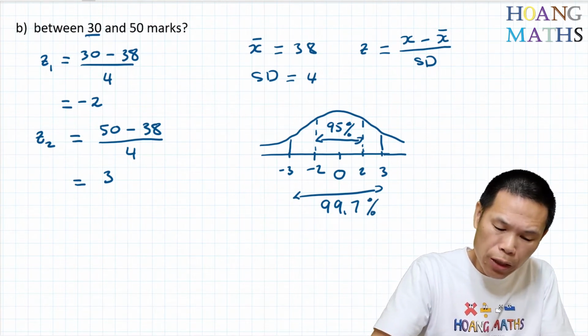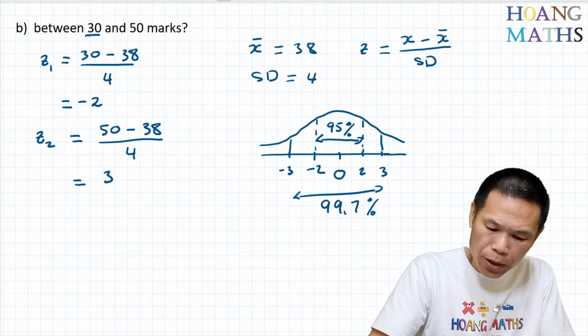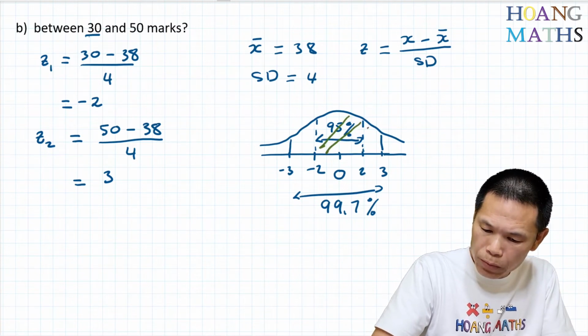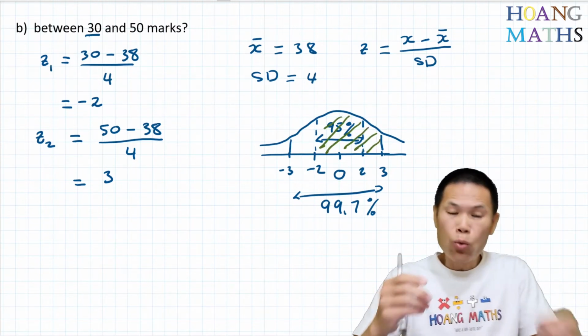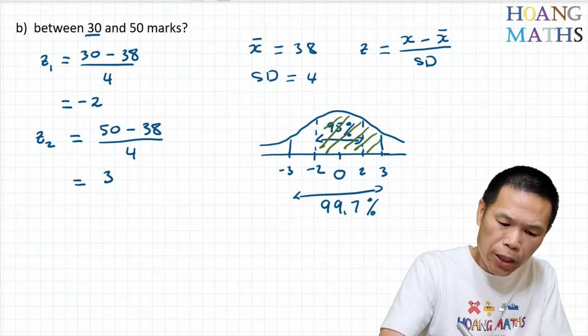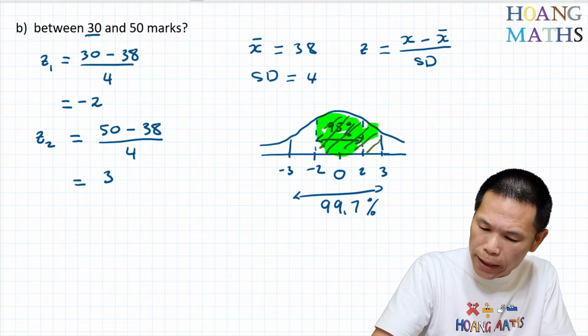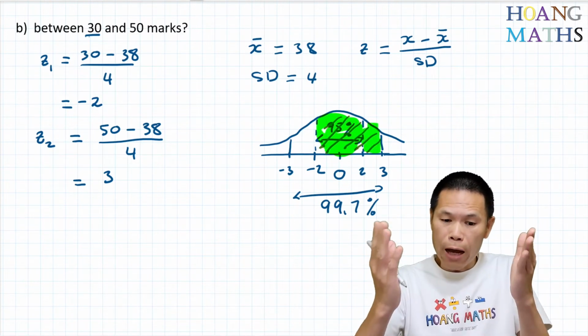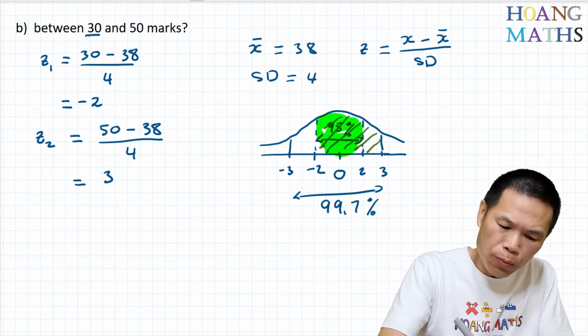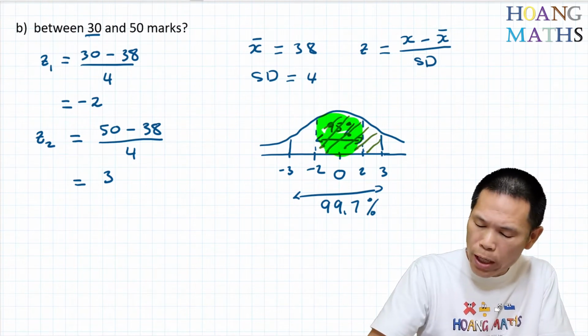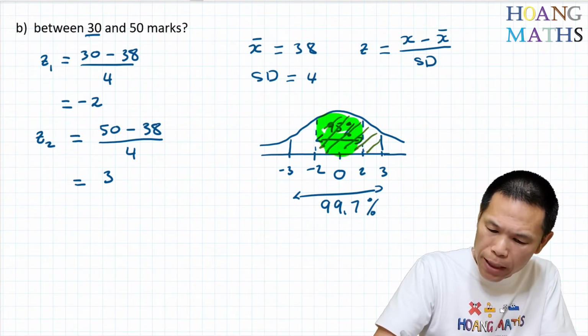But then we need to find this area here. So between -2 and 3. Now to work this out, so we already know that from here to here is 95. Then we need to add this gap here. So to work this out, now because it's symmetrical, so we can just simply work out 99.7 minus 95.